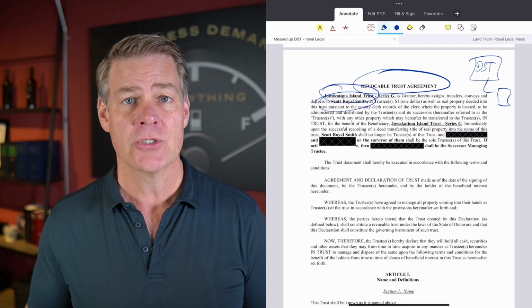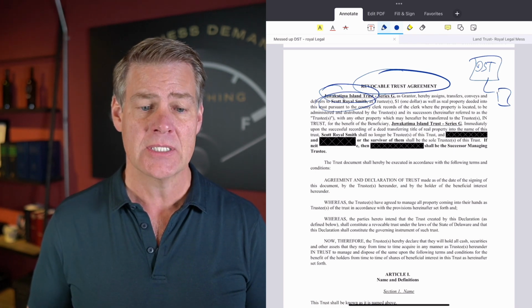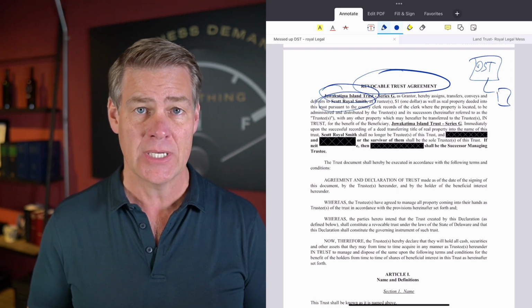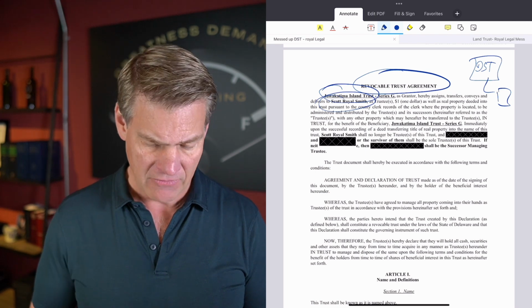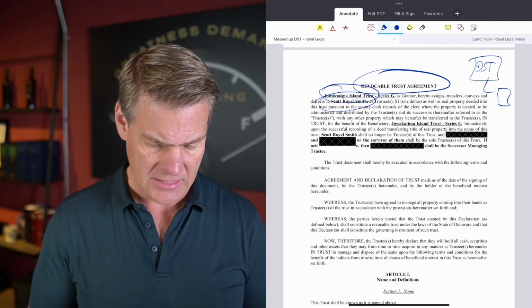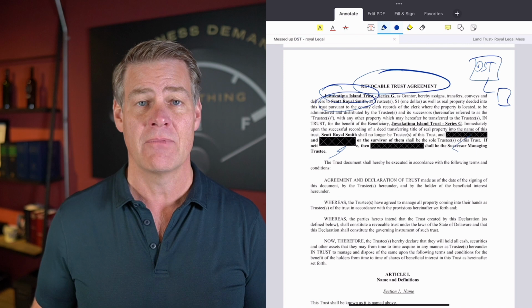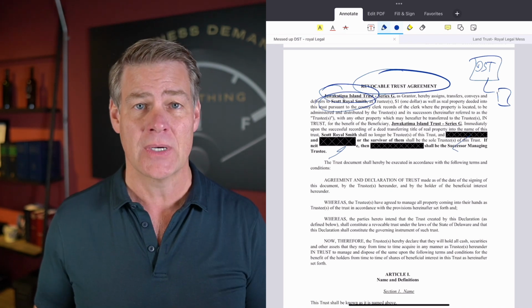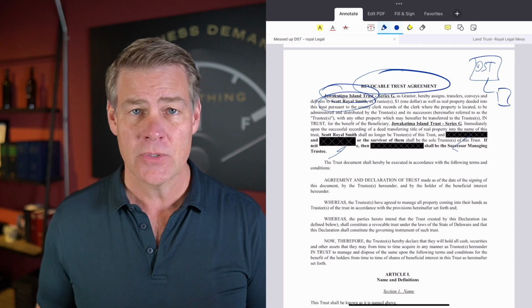And to make matters worse, after the trust is set up, the individual resigns their position in the trust and effectively turns over control. You can't see who these individuals are. I've blacked out their names, but it turns it over to the investors and makes them the trustees. That is not the way these trusts work.